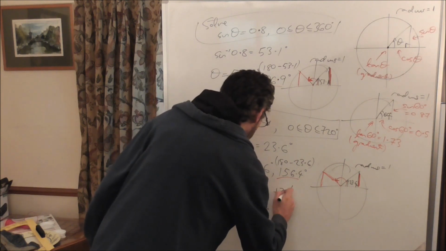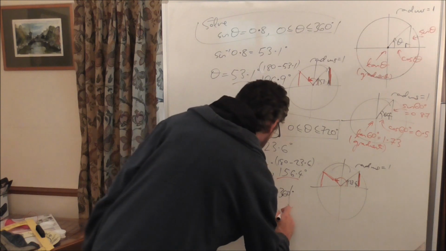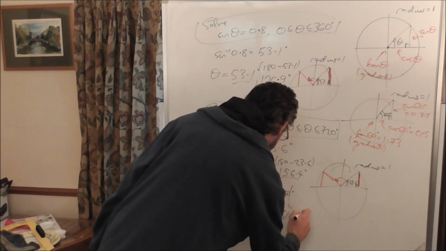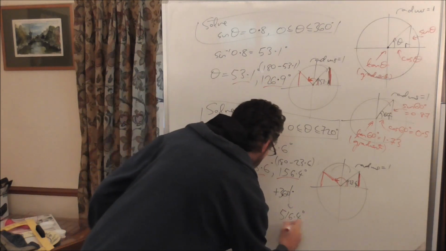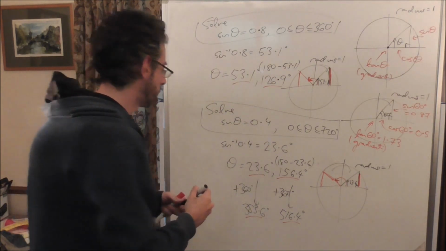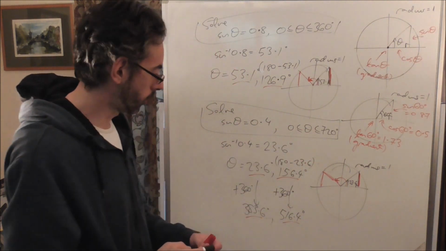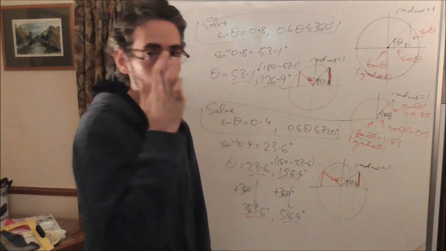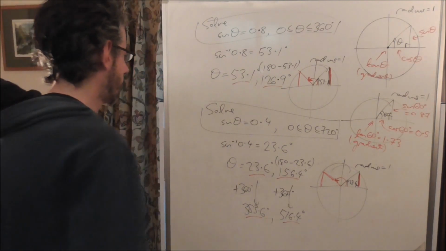You can add 360 to that angle, and you get 516.4. So those are the next two solutions. And unfortunately you can't go round again because you go above 720. If you added 360 to either of those, you go above 720. So you have to stop when you get to the end of the range.